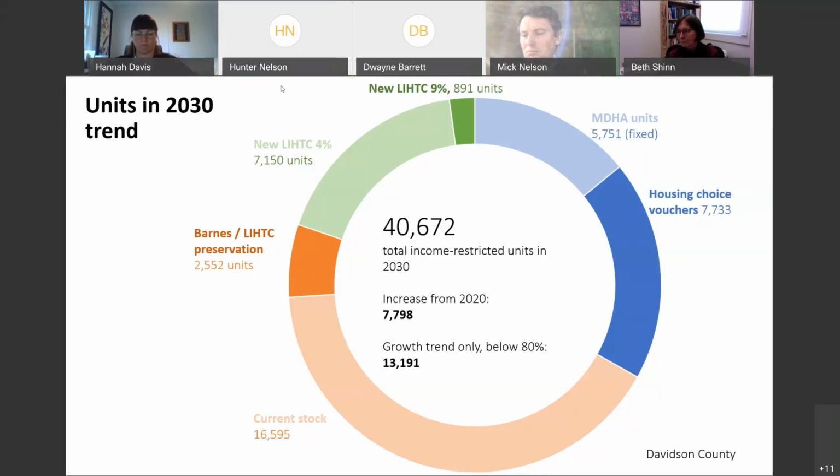I don't know if MDHA can set their own specific targeting below the federal limits for those HCVs. Is that right? They're allowed to have preferences, though I don't get a sense of great willingness to put preferences at or below 30%.